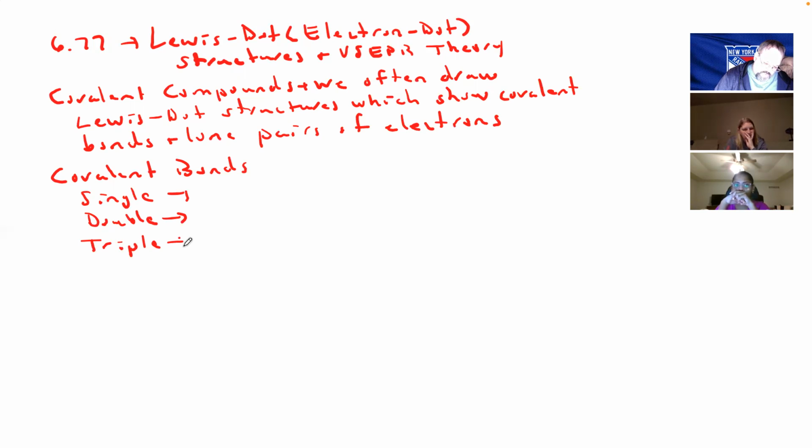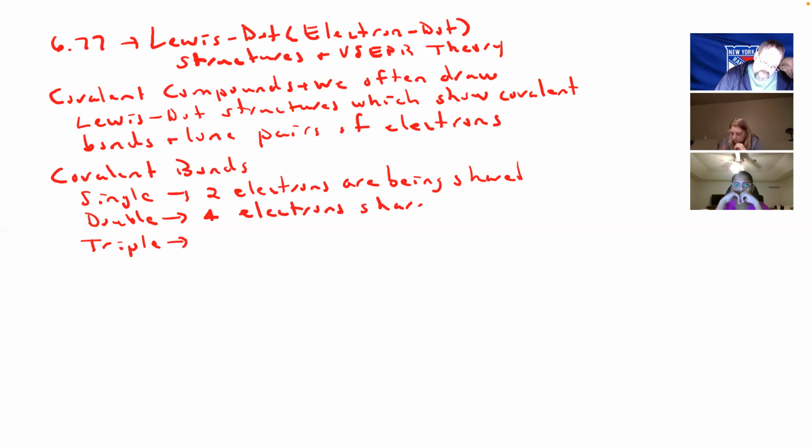The difference between them is the number of electrons being shared between the two atoms. In a single bond, 2 electrons are being shared. In a double bond, 4 electrons are being shared.